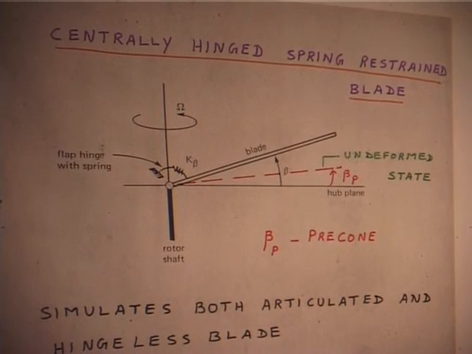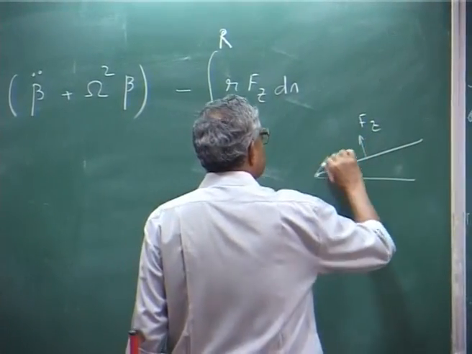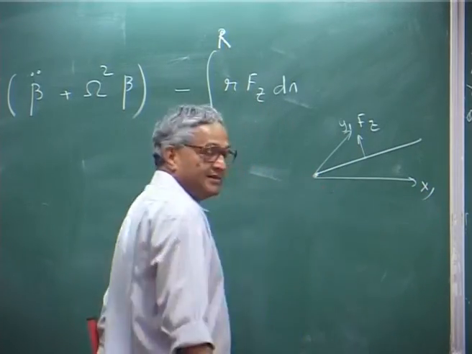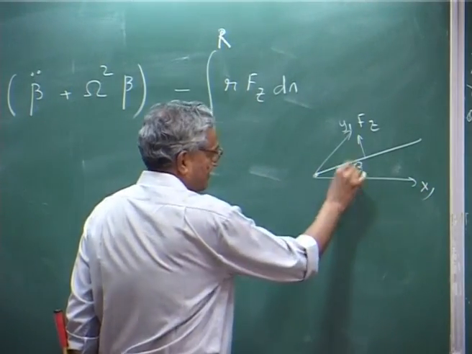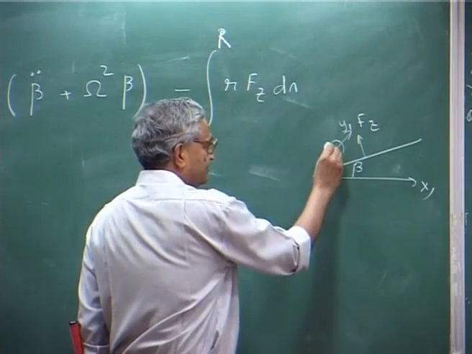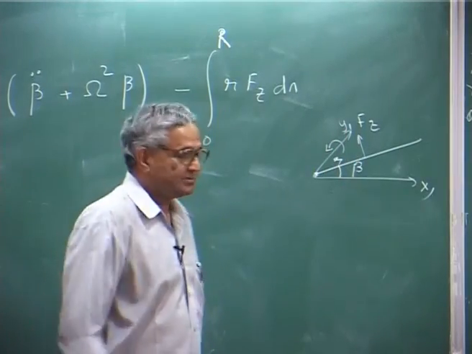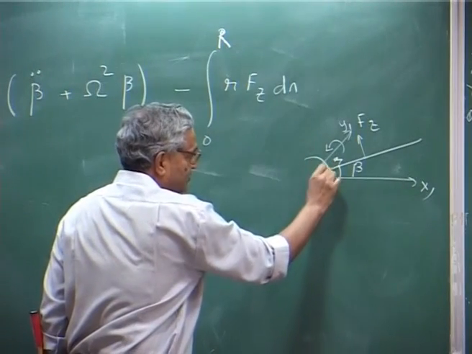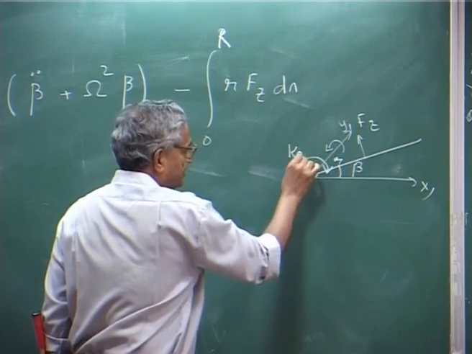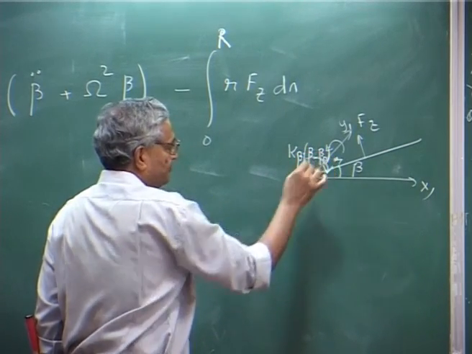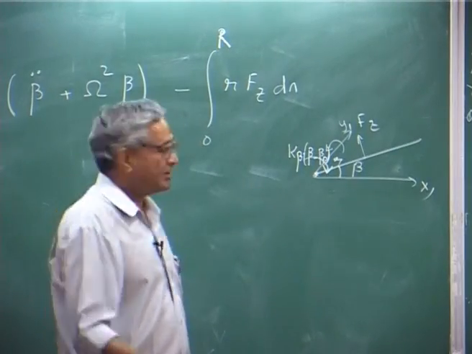If the lift is F z, and this is my y axis, y 1, this is x 1, and this is the flap, this is r, then this moment about the y axis is clockwise, that is minus. But when the spring deforms, it gives a spring moment K beta into beta minus beta p, which is counterclockwise, that is positive.